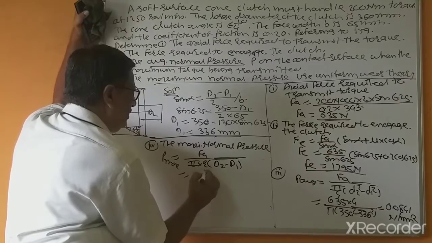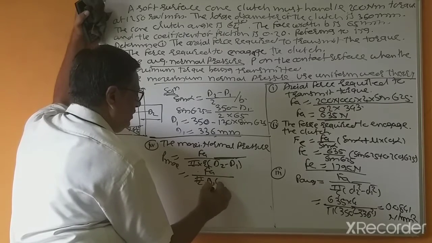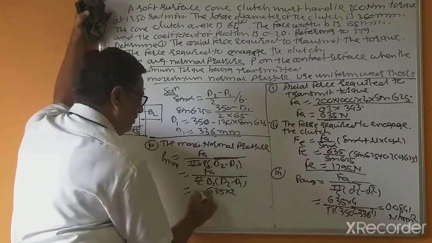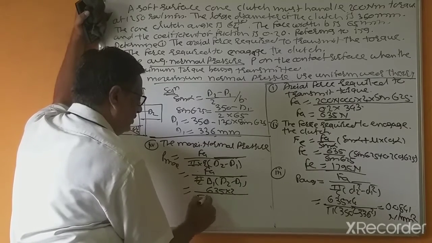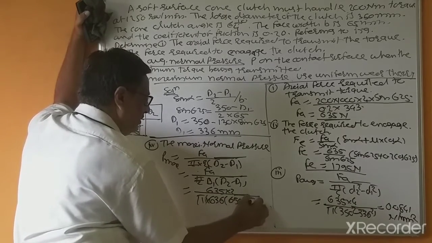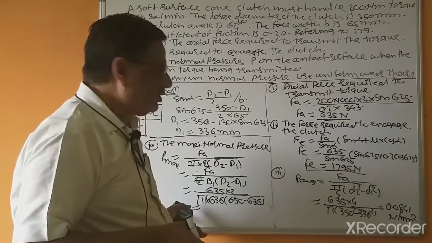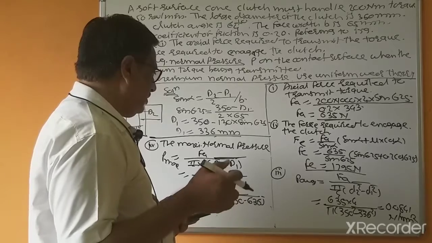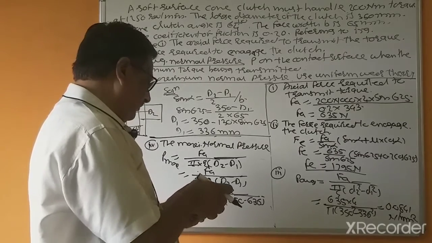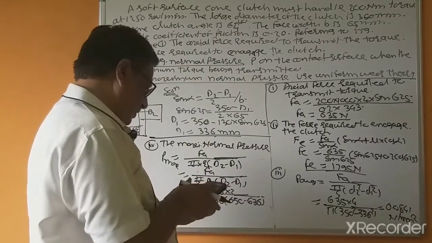So you can write pi by 2 into D1 into D2 minus D1, with 635 multiplied by 2 in the numerator. If the maximum we get is greater than the average, 0.841, it means our answer is correct. 635 multiplied by 2 divided by pi divided by the difference, 14.